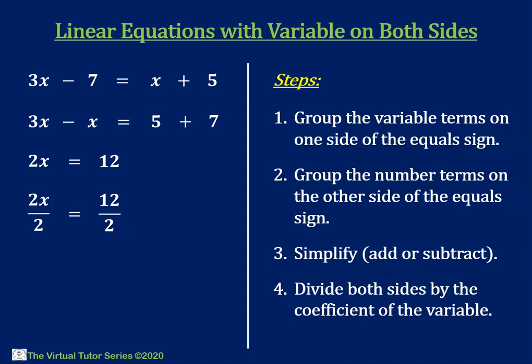Now, on the left-hand side, 2 cancels out 2, and on the right-hand side, 12 divided by 2 is 6. Therefore, x is equal to 6.